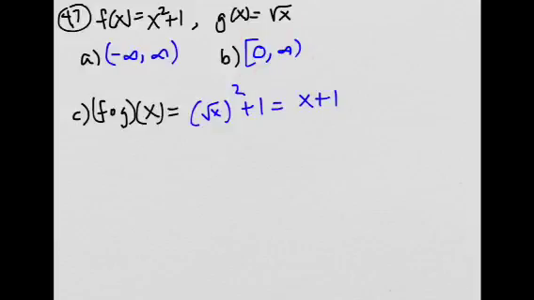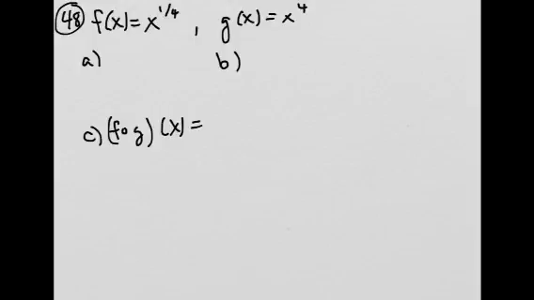All numbers 0 or greater. So when I finish f of g of x, even though it looks like this, and you would think that the domain is all reals, it's not, because these were the only numbers I had available to me to begin with. So the domain for the composition f of g of x, which equals x plus 1, is from 0 to infinity.